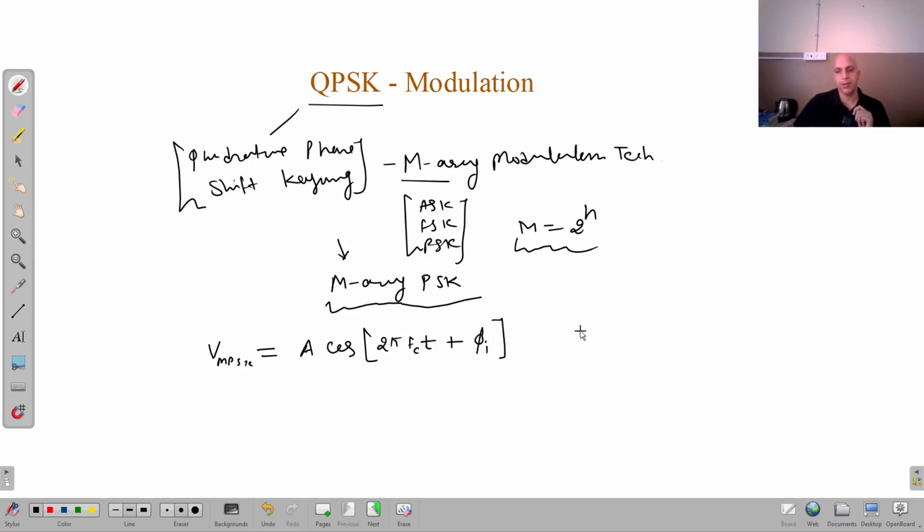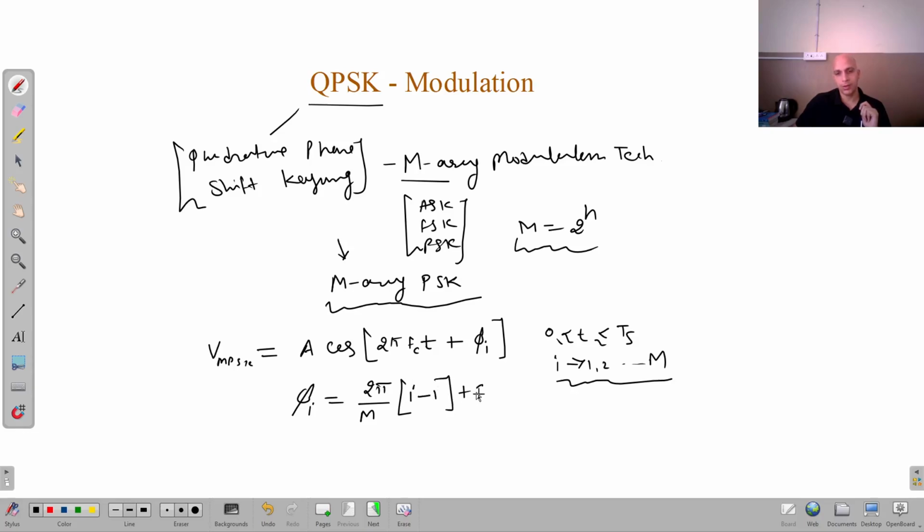It is taken for time interval greater than 0, less than or equal to T s, and i goes from 1 to M, right? And the expression for phi i was 2 pi upon M into (i minus 1) plus constant, right?